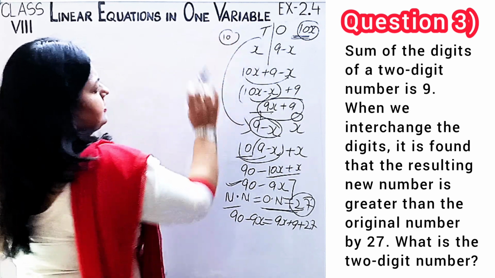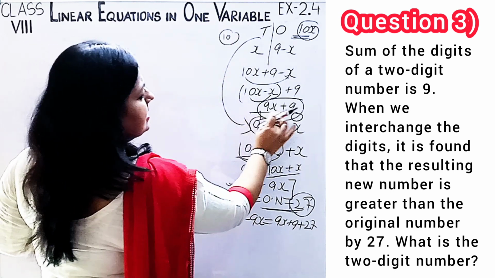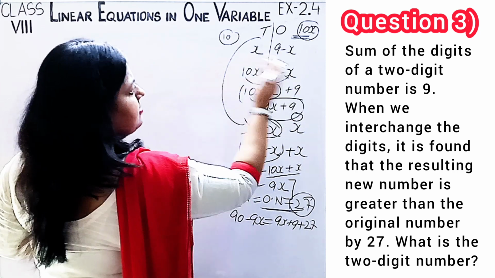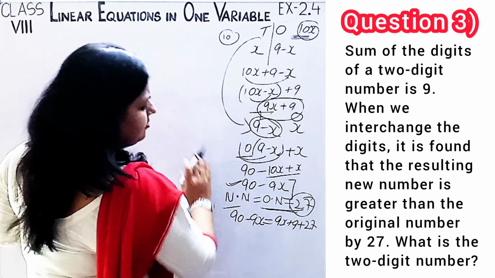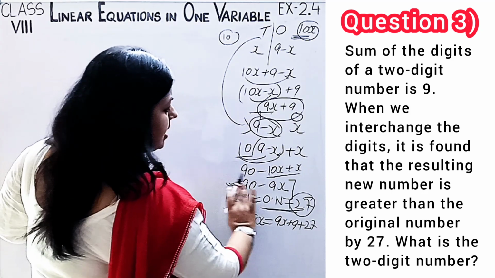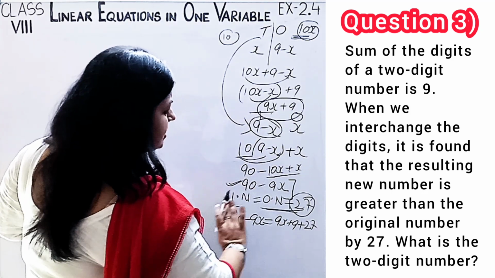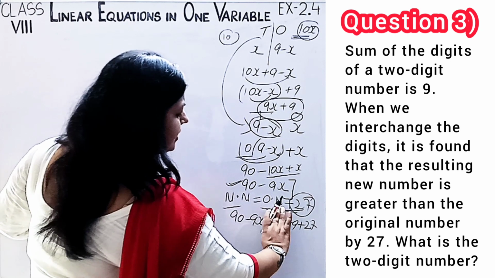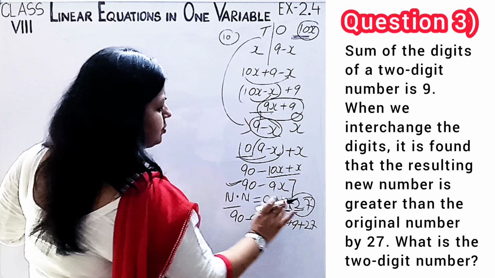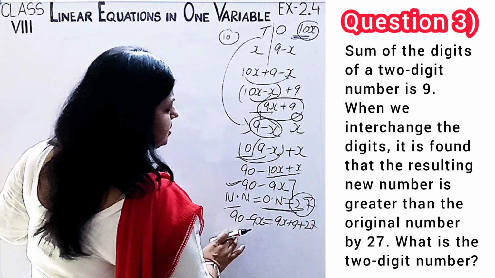So the first number is 9x plus 9, and after interchanging tens with ones and ones with tens, we get 90 minus 9x. According to our question, the new number is equal to the original number plus 27, because 27 is added to the original number.